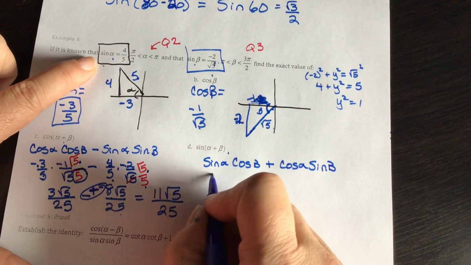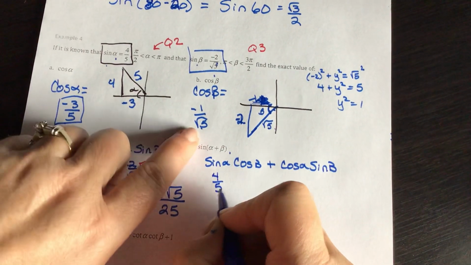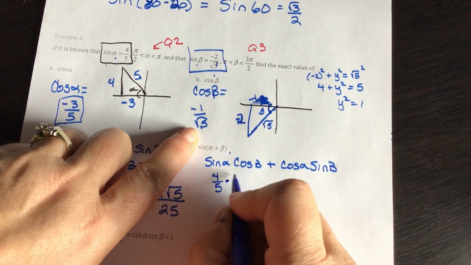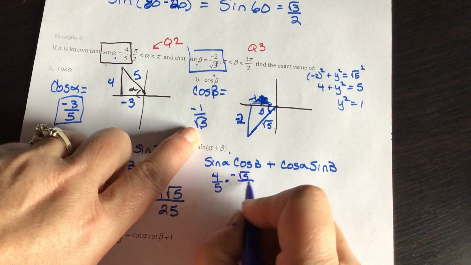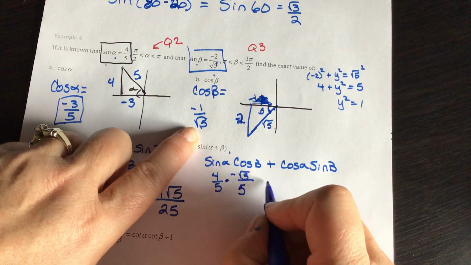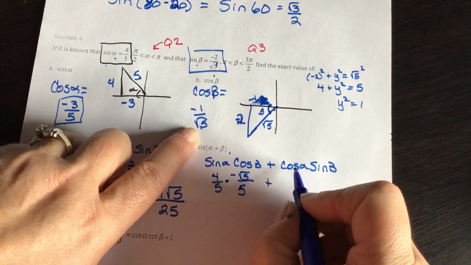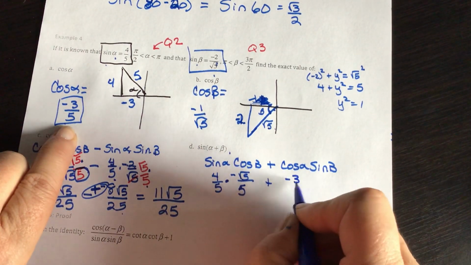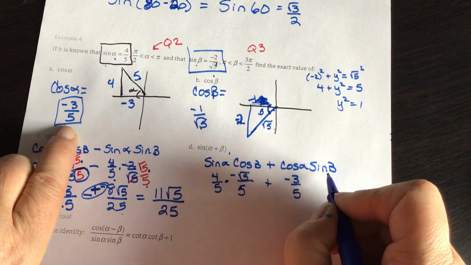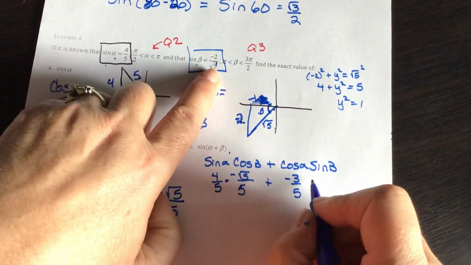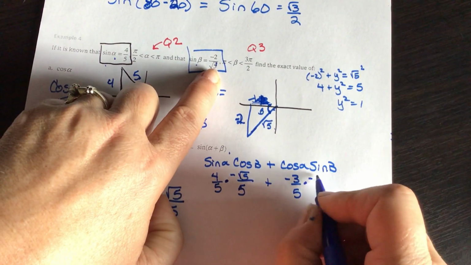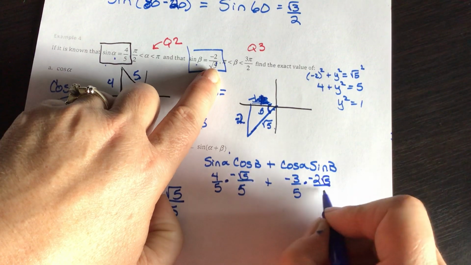So sine of a is 4/5, cosine of b is negative square root of 5 over 5 if I rationalize the denominator. Cosine of a is negative 3/5, and sine of b is negative 2 square root of 5 over 5.